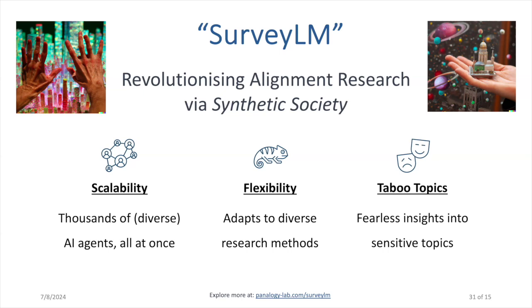Or maybe it's even just about access to thought processes, which maybe humans don't have as easy access to. What am I actually thinking, that stream of consciousness sort of thing. So maybe there's a good opportunity there to apply language models and, you know, SurveyLM in that context.